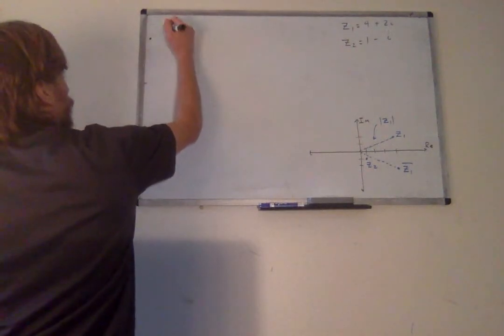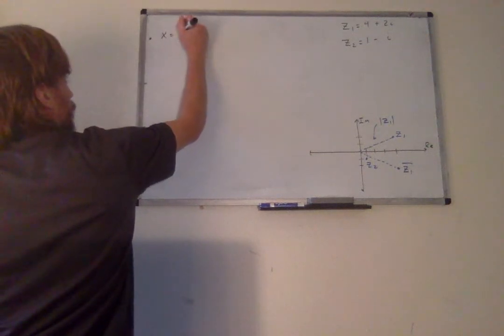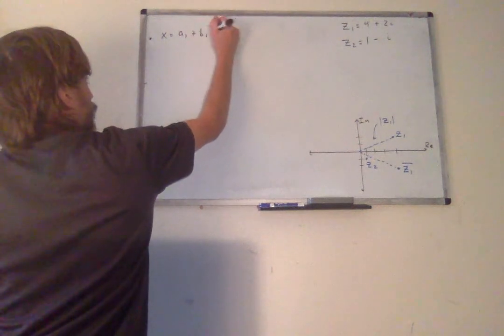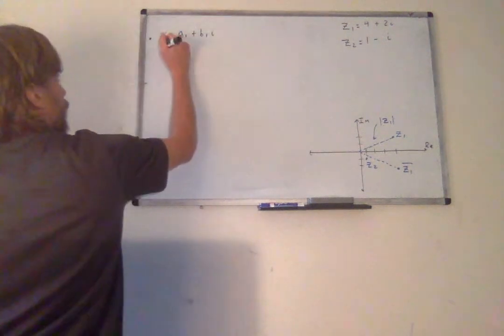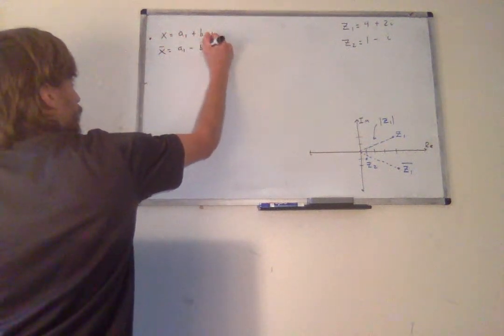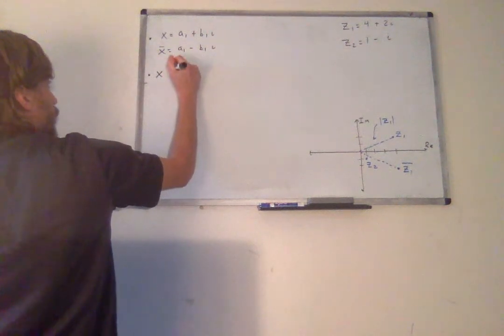So first, I want to look at what happens if we take some arbitrary complex number, we'll say x, a1 plus b1i, and its conjugate, which is a1 minus b1i, and multiply x by its conjugate.